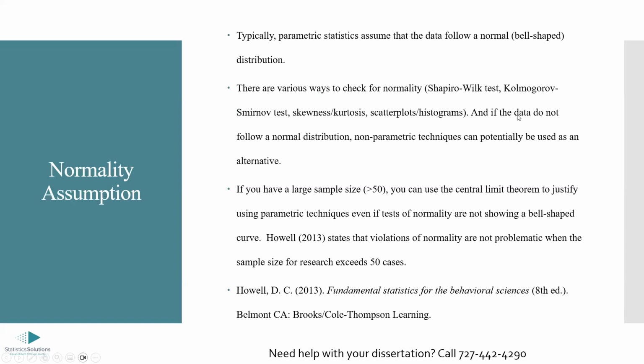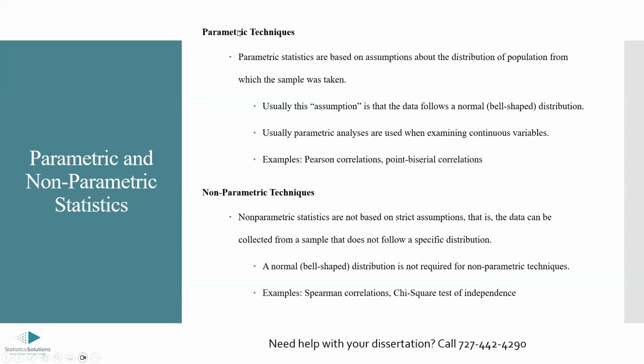Okay, and if the data does not follow a normal distribution, then you can consider using a non-parametric technique as an alternative. So for example, say we proposed Pearson correlations and the assumption of normality was not supported, then you could consider running the same analysis as a Spearman correlation.